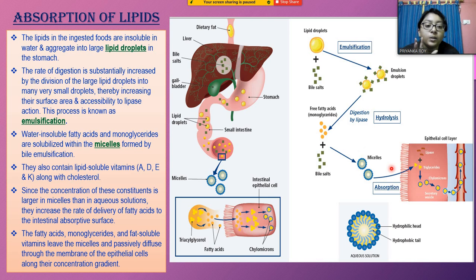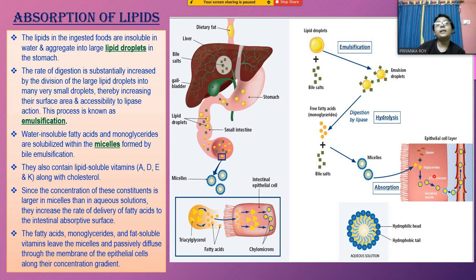Because in an aqueous solution it is in a dilute condition, and in a micelle it is concentrated in the center of the micelle, it gets absorbed at a faster rate. And once these monoglycerides and fatty acids leave the micelles, they diffuse through the membrane of the epithelial cells along their concentration gradient.